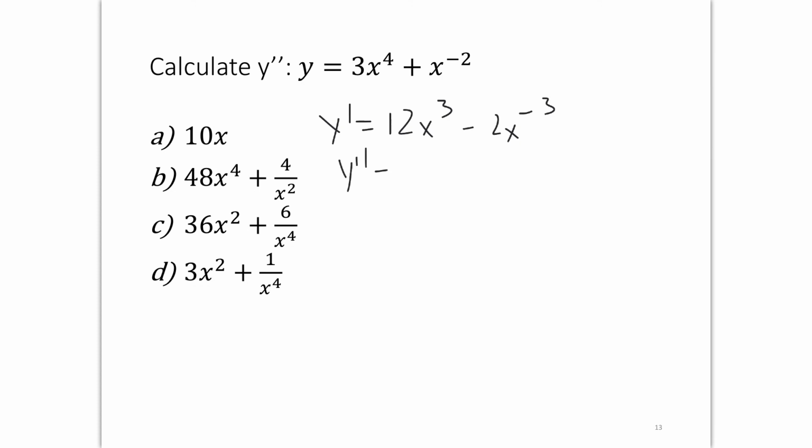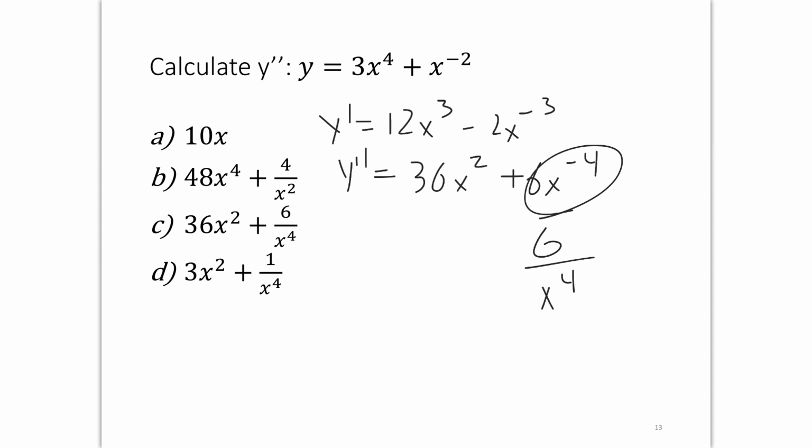And then you just do the derivative again. So 3 times 12 is going to be 36. Negative 3 times negative 2 will be positive 6, x to the negative 4. And you could convert this to 6 over x to the positive 4 if you wanted to make the exponent positive, which makes the correct answer C.